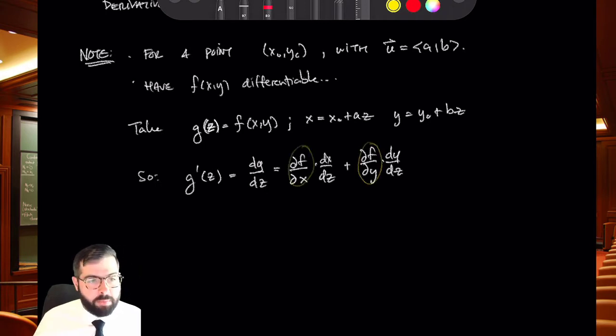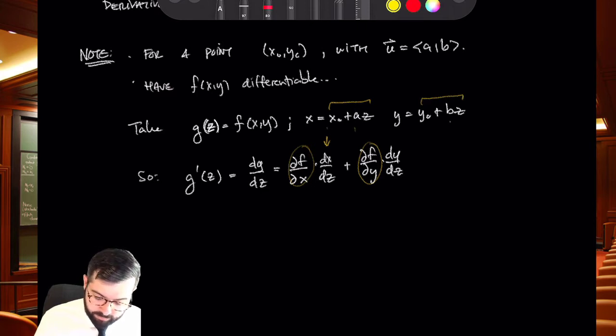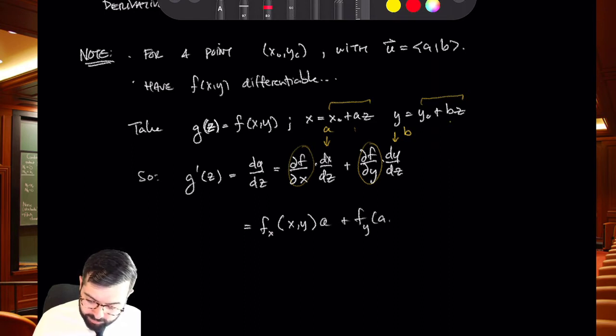What is this and this? This is the partial derivative of f with respect to x, and the partial derivative of f with respect to y. And then dx dz, if we look up here, is just a, and dy dz is just b. So this becomes the partial derivative of f with respect to x times a, plus the partial with respect to y times b.